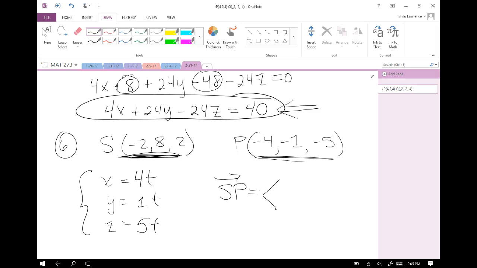Type it in the calculator if you need to. That's why we're allowed to use calculators. Don't make silly mistakes. -4 minus -2 is -2. -1 minus 8 is -9. -5 minus 2 is -7.